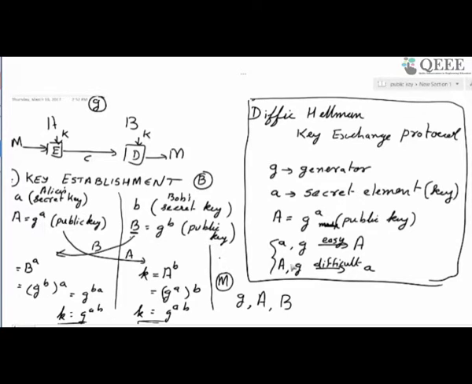But because of the Diffie-Hellman key exchange protocol, or the difficulty of the Diffie-Hellman problem, it's difficult to actually compute what a and b were, and therefore it's almost impossible for Mallory or any other attacker to compute K equal to g power ab. Therefore, the secret key K, which is established between Alice and Bob, is secure between the two of them, and then they could actually use it to do encryptions.